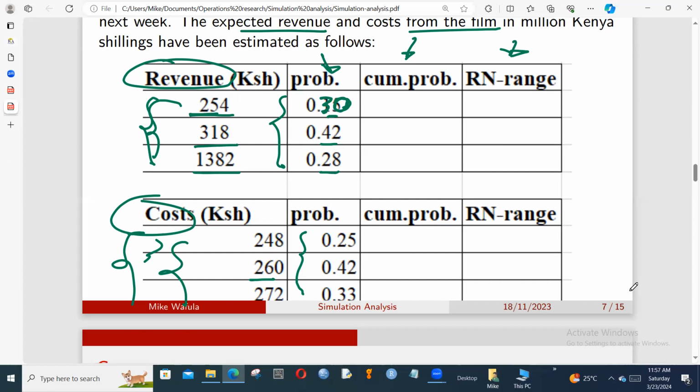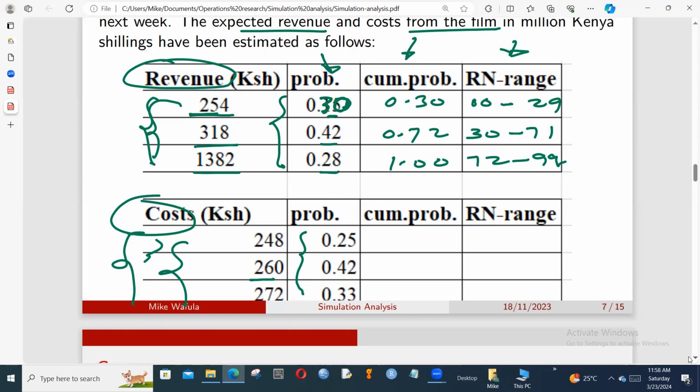Yes. All right. So we need just to confirm this should be 0.30, 0.72, then 1.00. So you're talking of 00 to 29, 30 to 71, then 72 to 99. In agreement?